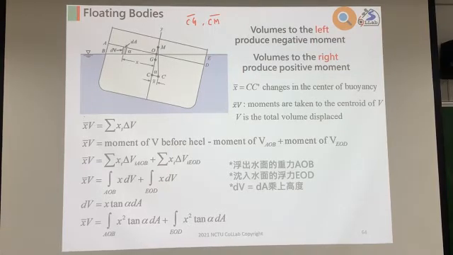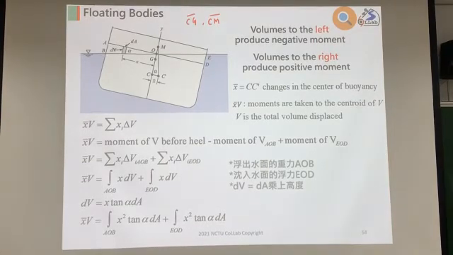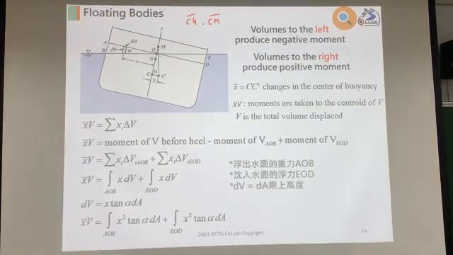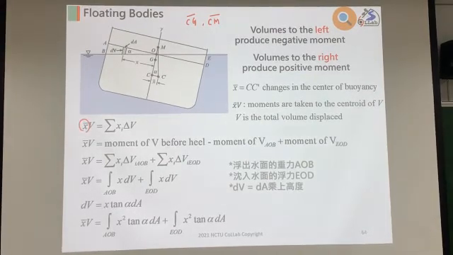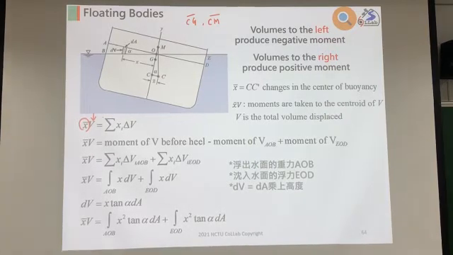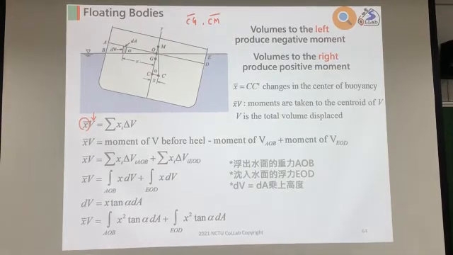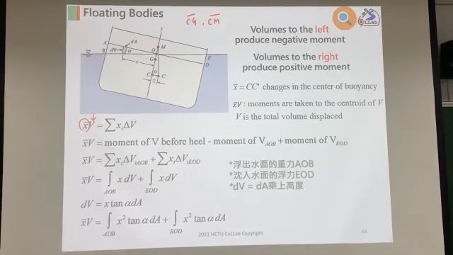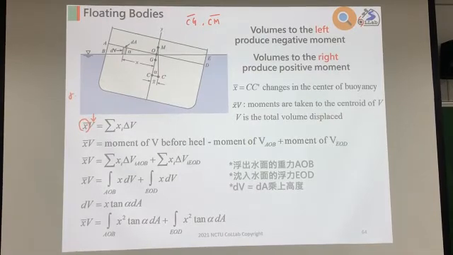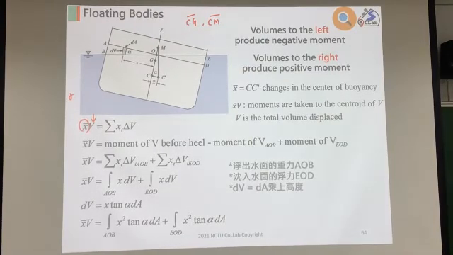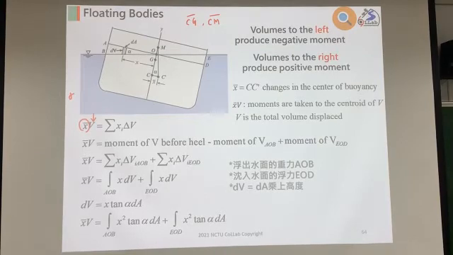The idea is based on the moment balance. Again we have the x bar, which is the distance between C and C prime, and then we multiply by the displaced volume. Gamma is the liquid specific weight.